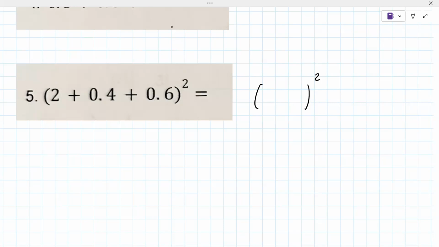Wouldn't it be 9? You're adding 2 plus 0.4 plus 0.6, just adding what's inside the parentheses.